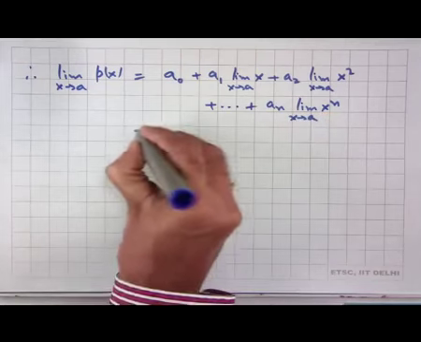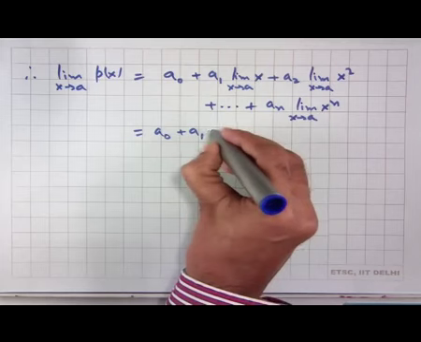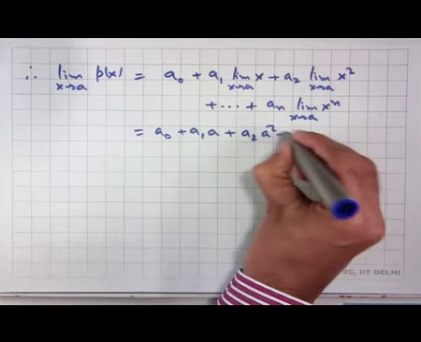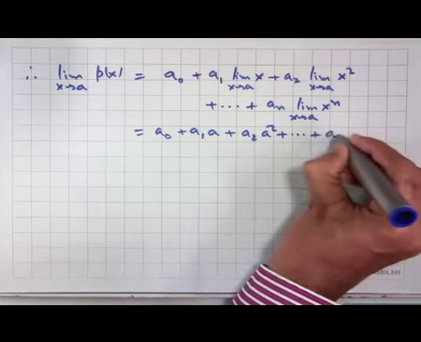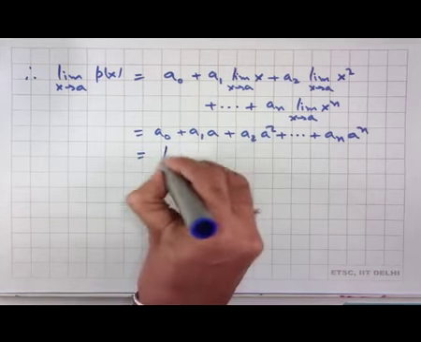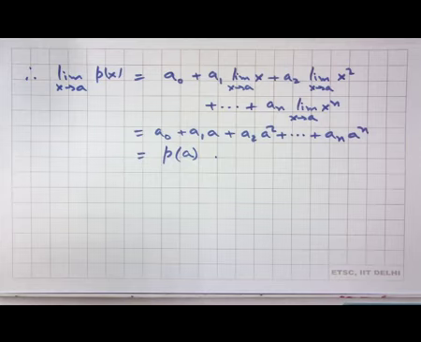So, this is equal to a 0 plus a 1 times a plus a 2 times a square, and the limit of x to the n is a to the n, but this is nothing but the value of the polynomial evaluated at a, p of a. So, hence we are done.